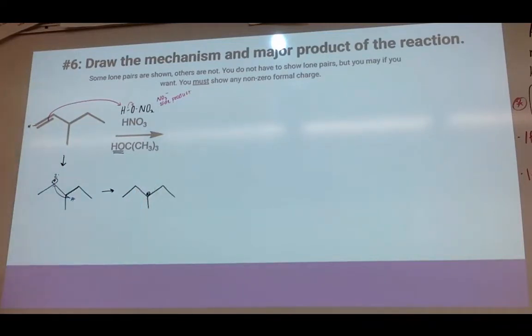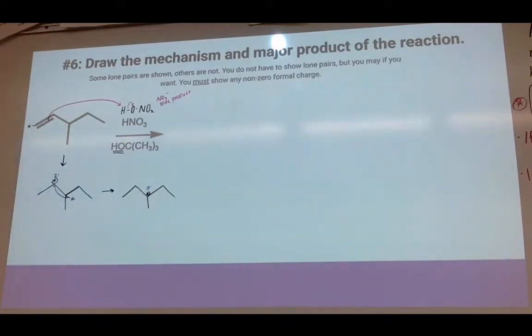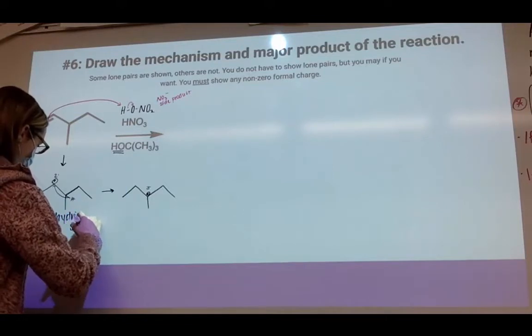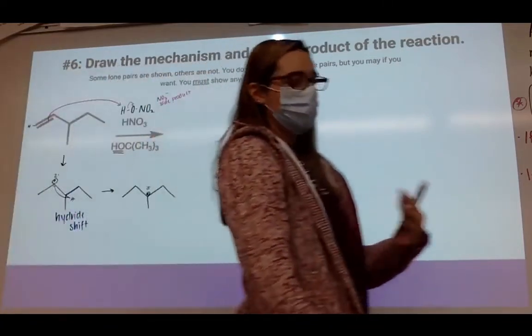I've now moved that carbocation from secondary to tertiary. So you always want to do a quick check to see, can we make our carbocation more stable? So this is a hydride shift. You can either shift a hydrogen or a methyl group over only 1 carbon, no more than 1 carbon. Now that we have the most stable carbocation here, we can continue with the mechanism.